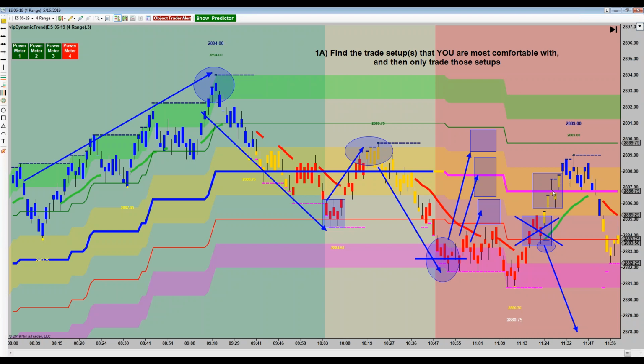You got one, two, three, four yellow bars. Is this a mid-band short entry by our definition, yes or no? Should you have typed an S in when those bars formed, yes or no? What say you, team?